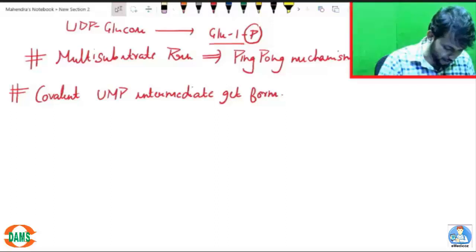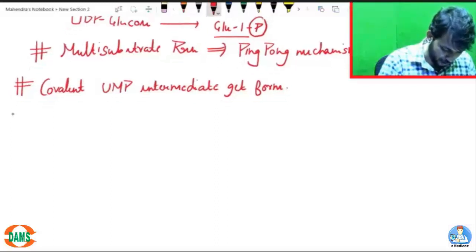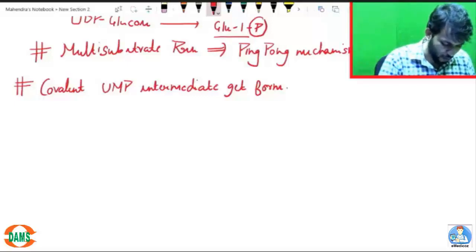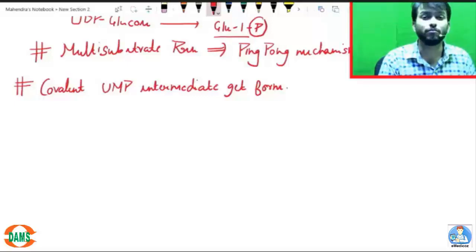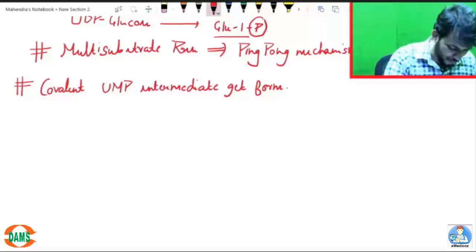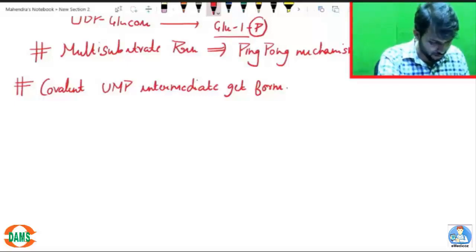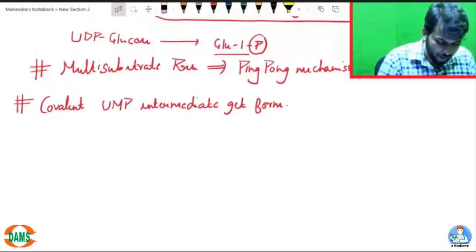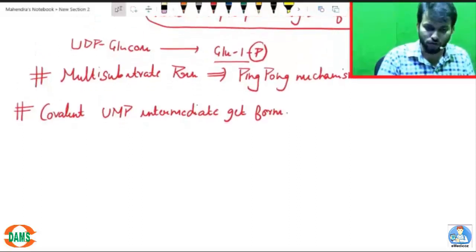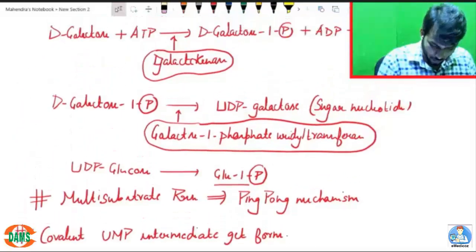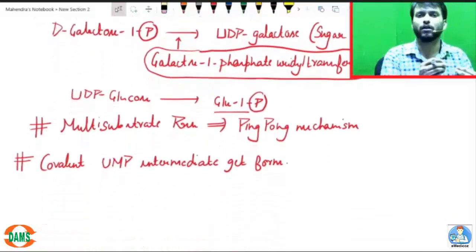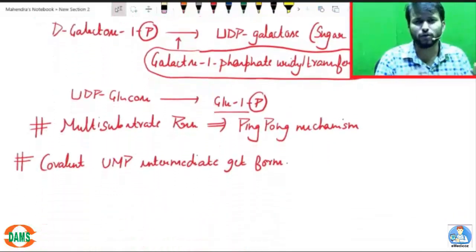There is an enzyme here that converts glucose 1-phosphate, mainly for the mutase reaction. Now I will explain how it takes place. We know that there is a conversion of galactose to galactose 1-phosphate, and a transfer of galactose 1-phosphate to UDP galactose.